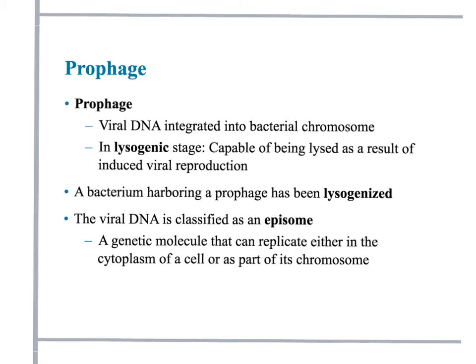A bacterium harboring a prophage has been lysogenized, as described in the prior slide. The viral DNA is classified as an episome, and an episome is defined as a genetic molecule that can replicate either in the cytoplasm of a cell or as part of its chromosome.